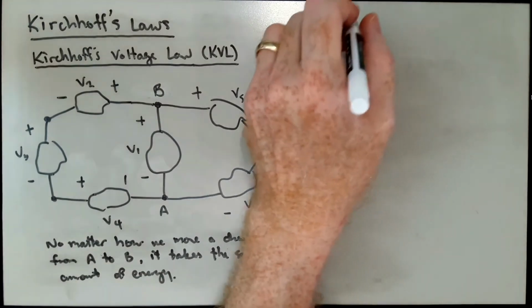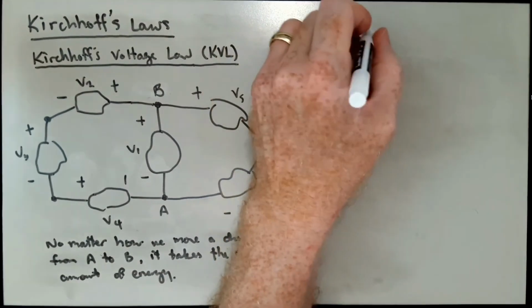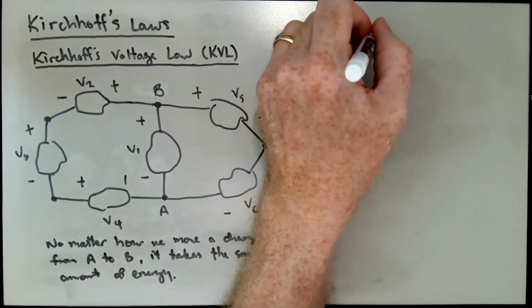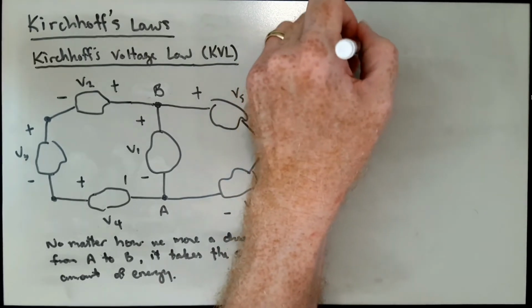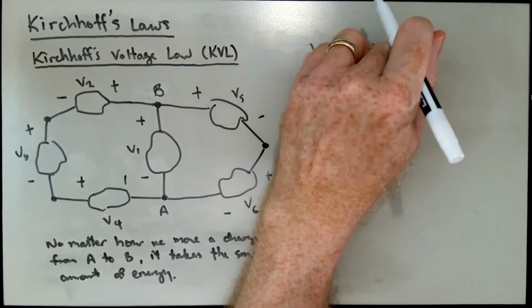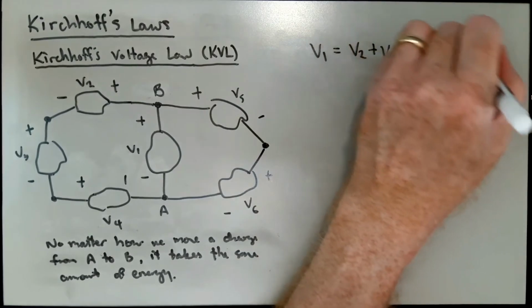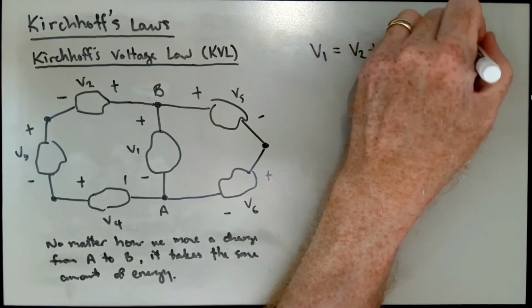So that would basically tell us V1 is equal to V2 plus V4 plus, is equal to V5 plus V6.